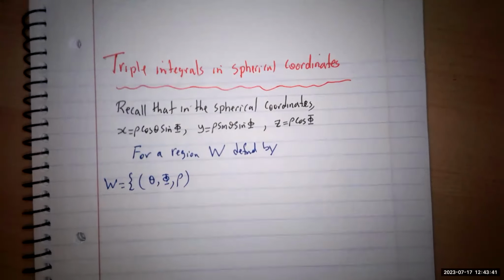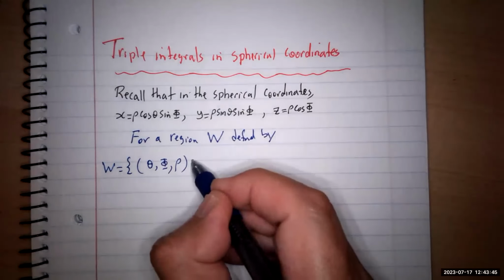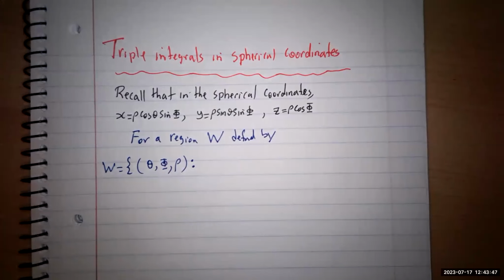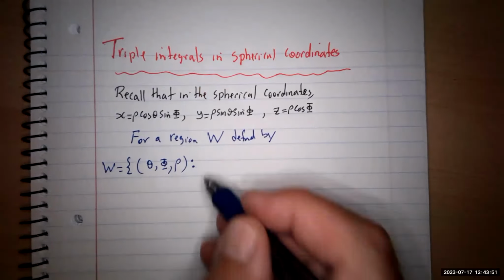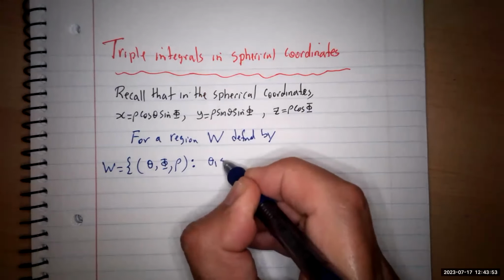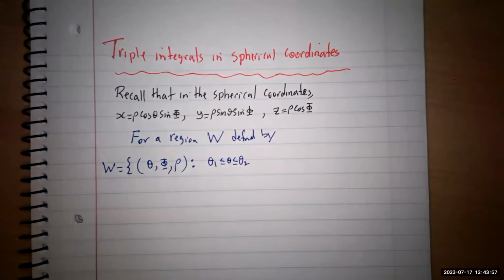It's the way we usually do. We do the rho first. You can switch it, of course, but this is a standard. Now this theta is the polar angle, so it's going to be between two numbers. We call it theta 1, theta 2. 0 to pi most of the time. 0 to pi is half a circle, 0 to pi over 2 is a quarter of a circle.